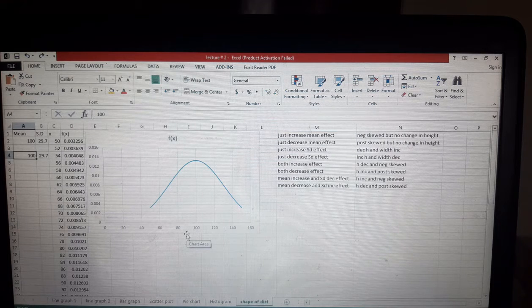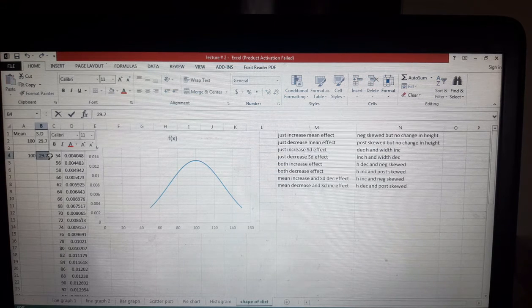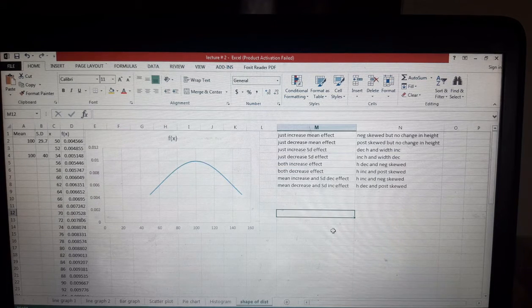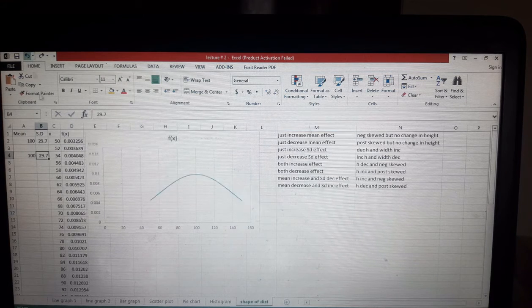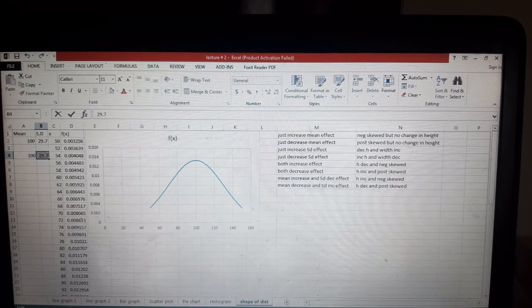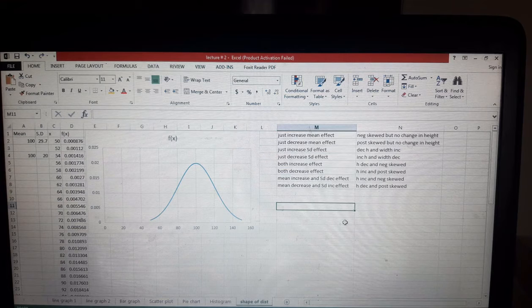If we just increase the value of the standard deviation, what will happen? The height of the distribution decreases and width of the distribution increases. And similarly, if we decrease the value of the standard deviation, what will happen? Height of the distribution increases and width of the distribution decreases.